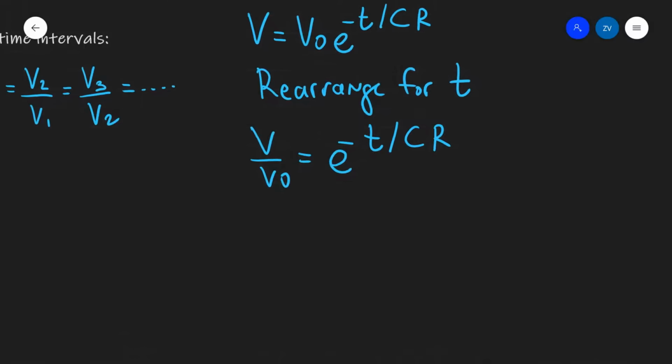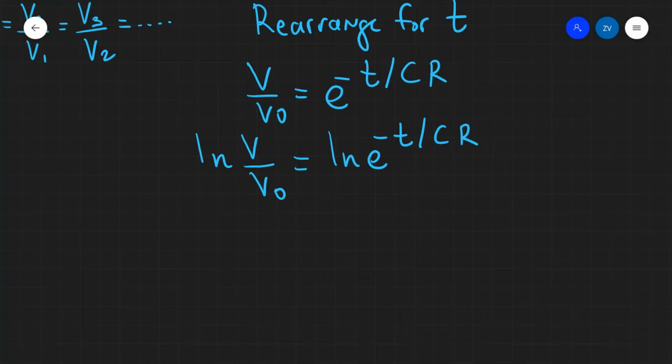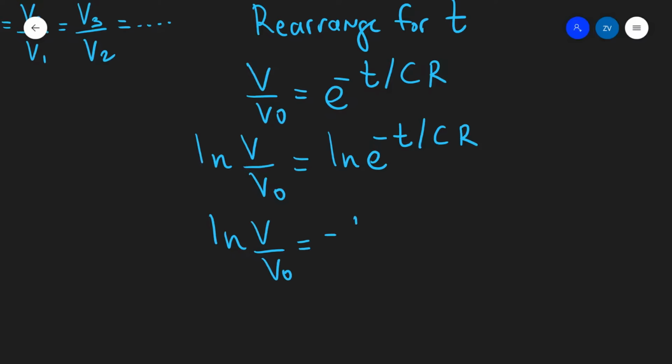Then I'm going to take the natural log of both sides of this equation. So I'm going to get that ln of V over V naught is equal to the ln of e to the minus t over CR. Now remember, the natural log and the exponential functions are inverse functions, which means that essentially they undo each other. So ln of V over V naught will be equal to minus t over CR.